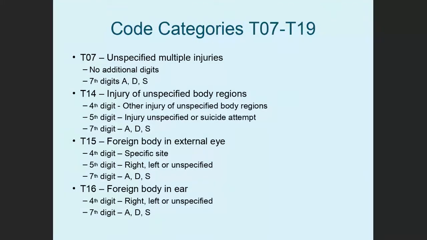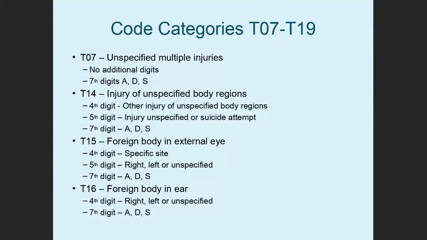Other injury codes that we'll talk about today are in the T section, T07 to T19. T07 is unspecified multiple injuries. T14 is injury of unspecified body regions. You'll see that the fifth character under T14 is injury unspecified or suicide attempt. T15 is foreign body in external eye.